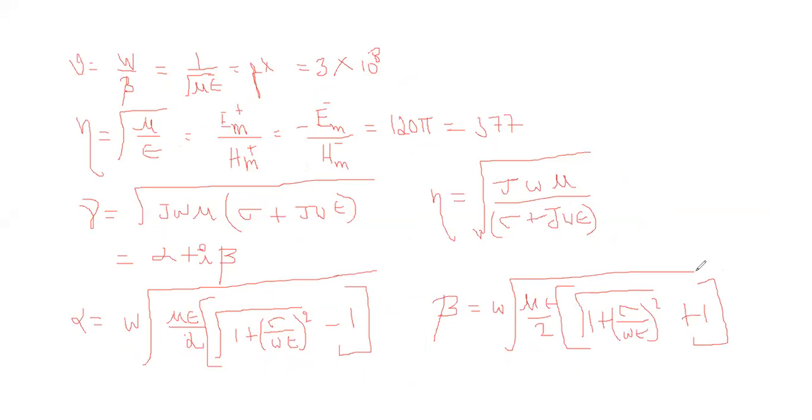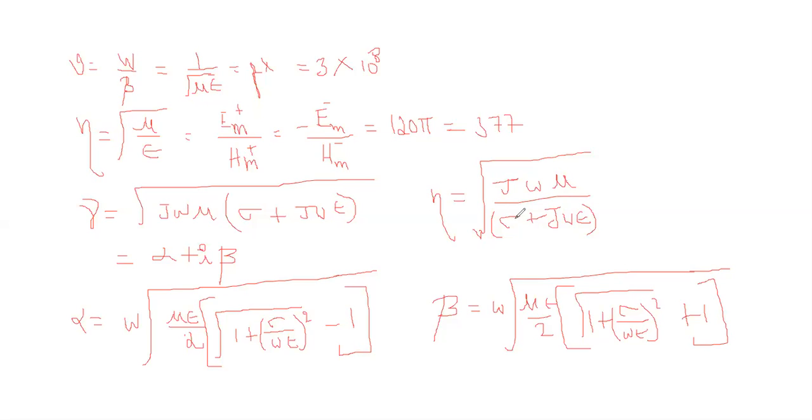It's a plus symbol here. We already derived that velocity v is equal to 1 by the square root of mu epsilon and eta is equal to the square root of mu by epsilon. So that we get from these equations only.